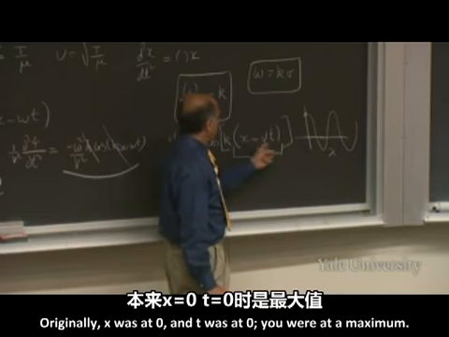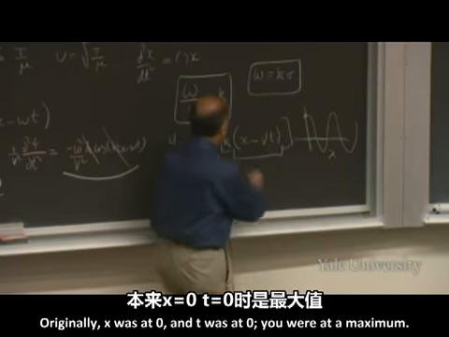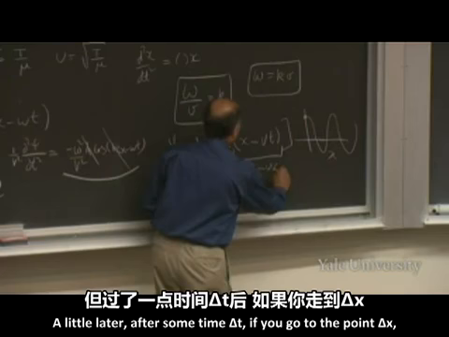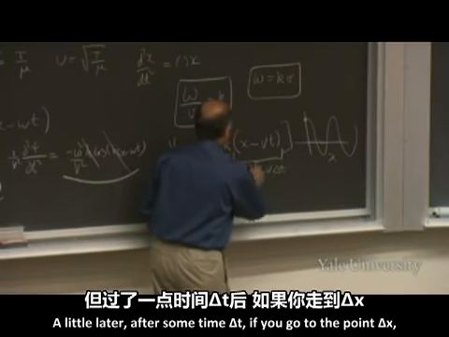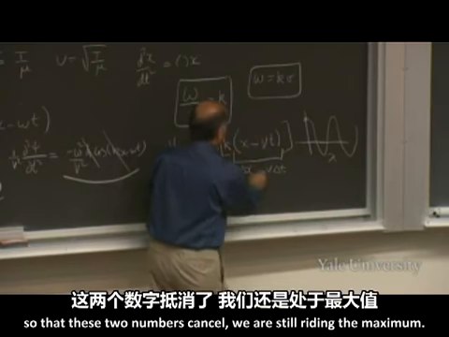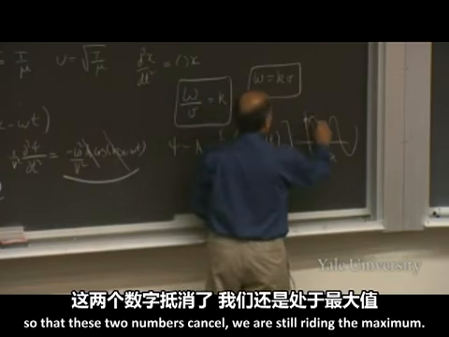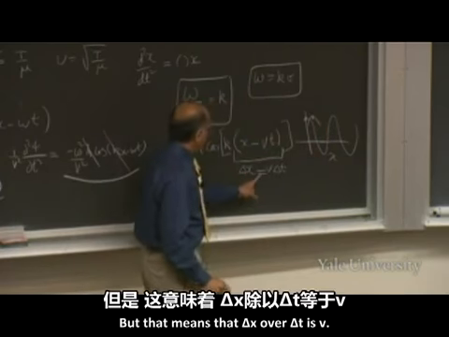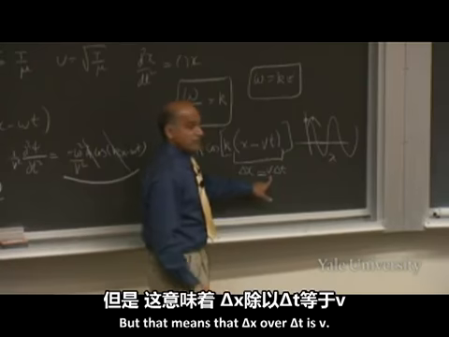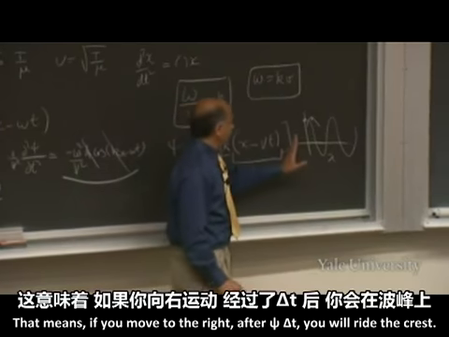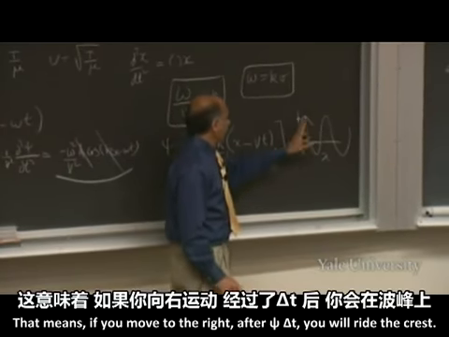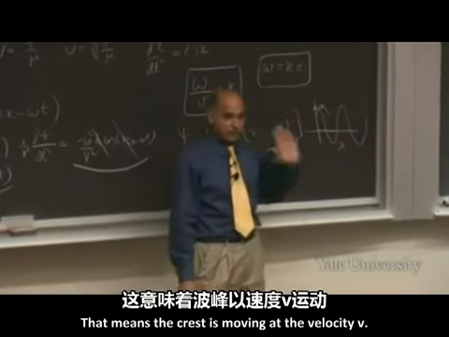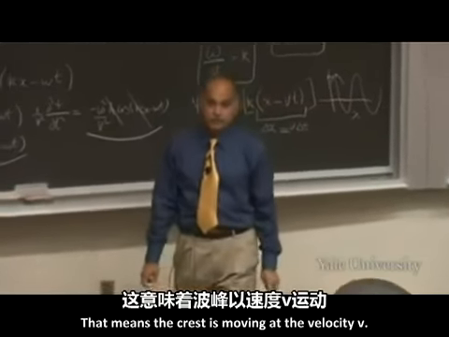Originally x was at 0 and t was at 0, you're at a maximum. A little later, after some time delta t, if you go to the point delta x so that these two numbers cancel, you're still at the maximum. But that means delta x over delta t is v. That means if you move to the right, after time delta t, you will hit the crest. That means the crest is moving at the velocity v.